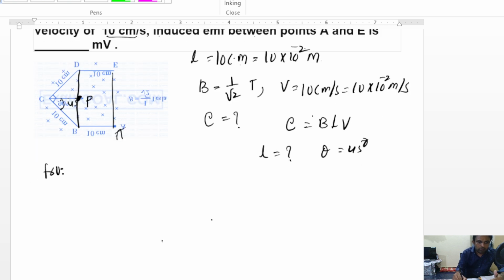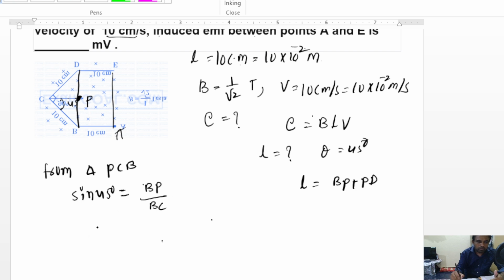From triangle PCB, sine 45 degrees is equal to BP by BC, where the L value, the total length, is BP plus PD.